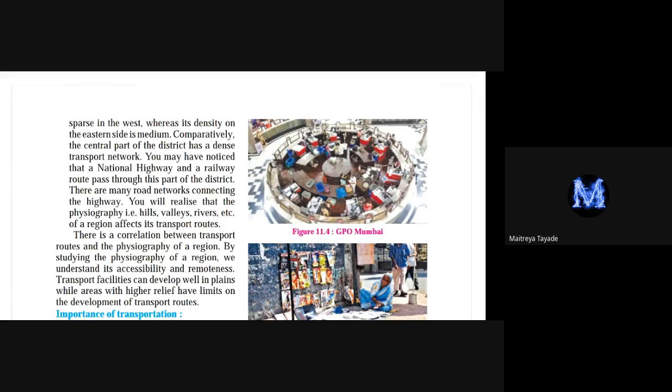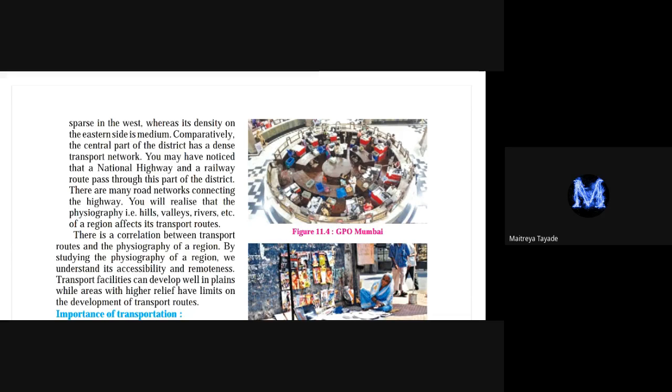Now from this information, from this map, whatever we have studied, you can come to a conclusion. You might have understood one thing: while developing any transport route, any railway line or roadway, it is very necessary to take into account the physiography of that area.